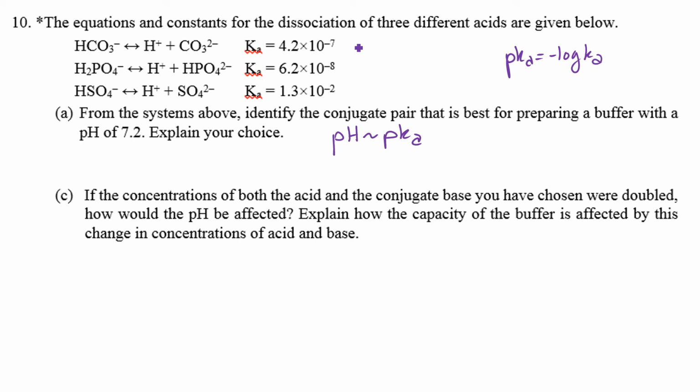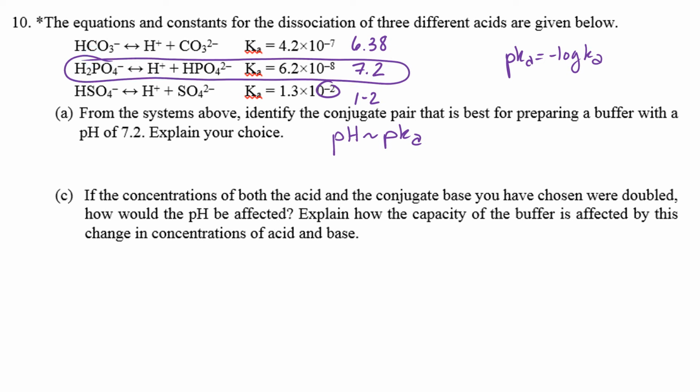You'll find the pKa for this first one is 6.38. The pKa here is 7.2. The pKa down here, I'm not even going to figure it out. It's somewhere between 1 and 2, so that's way off. So we're choosing between these first two options, which are relatively close. This one here seems to be the best because the pKa is closest to the pH. Okay, so your explanation would just be you want to choose something where the desired pH is close to the pKa of your acid component.